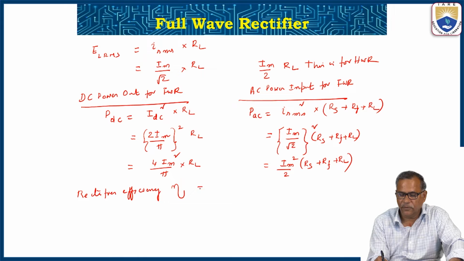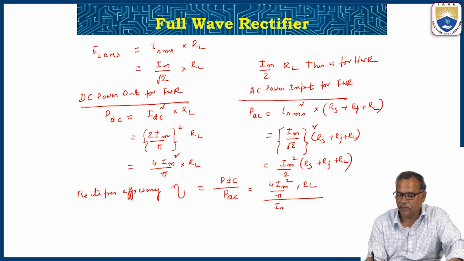That is equal to PDC divided by PAC. So what is PDC? 4 Im square by pi square into RL divided by Im square by 2 into RS plus RF plus RL.